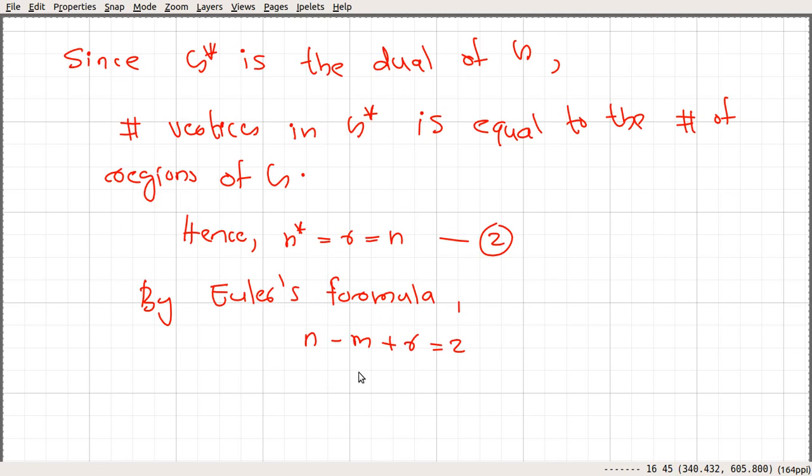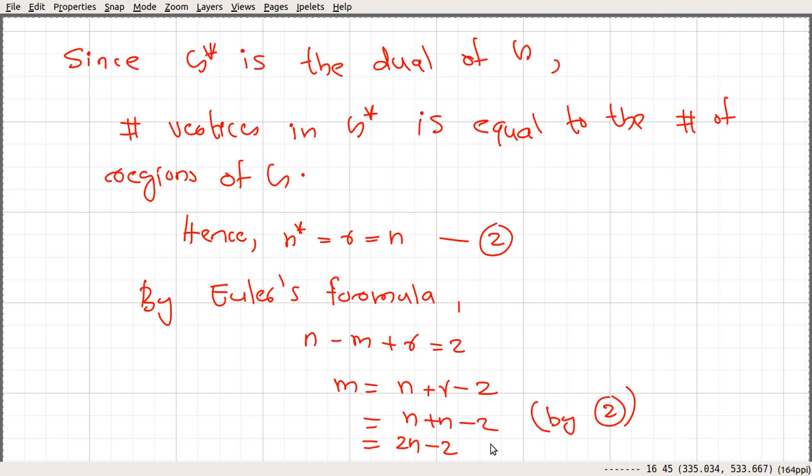That says m is equal to n plus R minus 2, and since R is equal to n, we have n plus n minus 2, which is 2n minus 2.